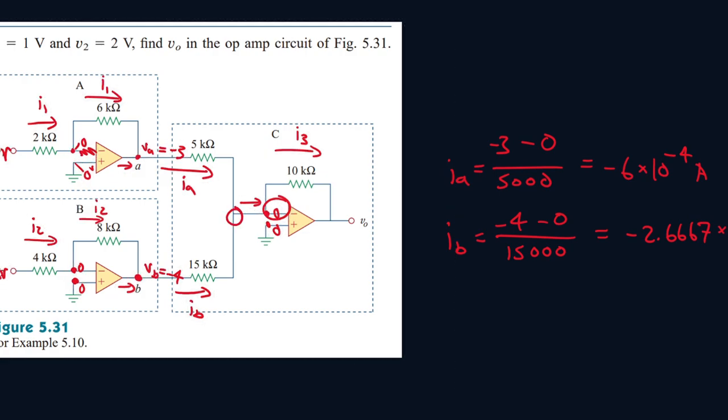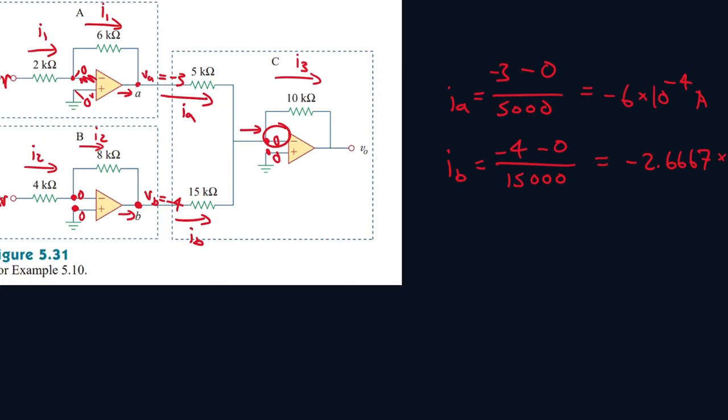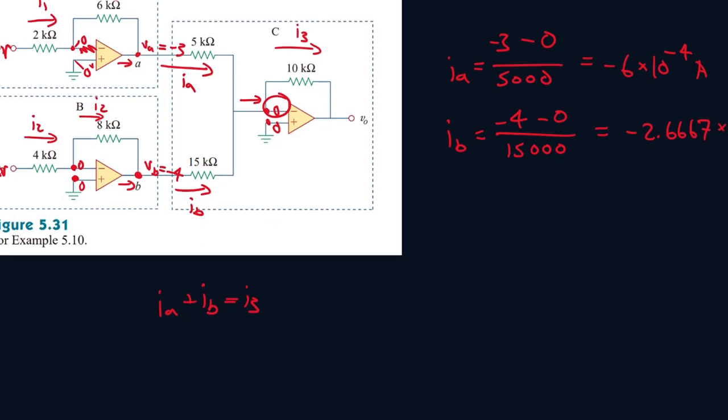They enter here, and we see I3 will be pretty much this current. So IA plus IB should be equal to I3. IA and IB are entering this node, and I3 is leaving.